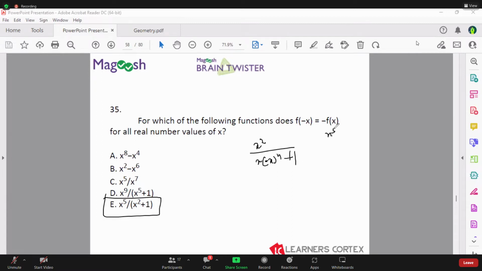So this becomes minus x to the power 5 and x to the power 2 plus 1. So this will become x square over minus x to the power 5. Wait a second.